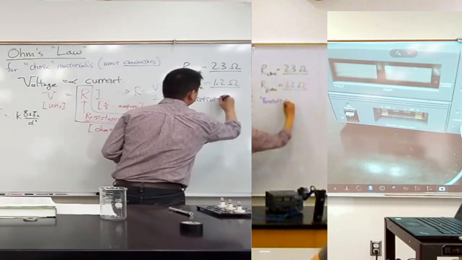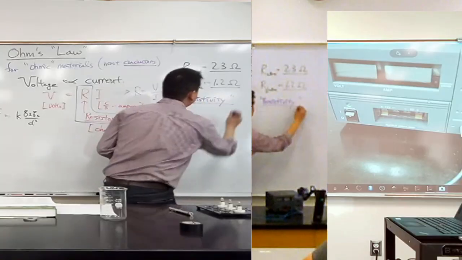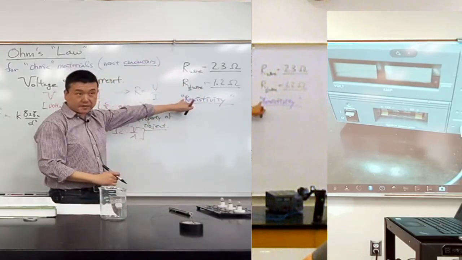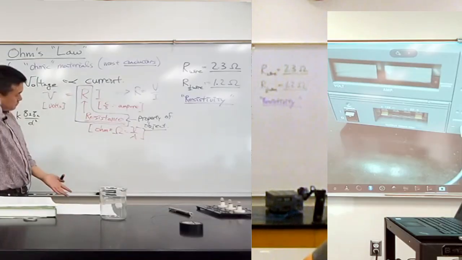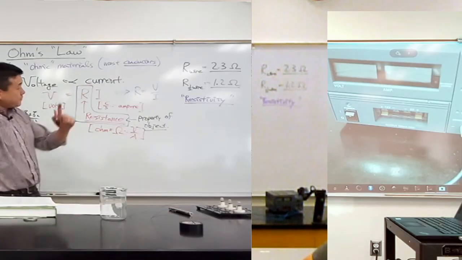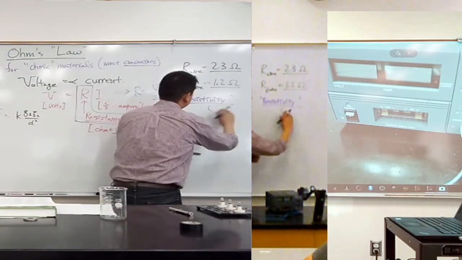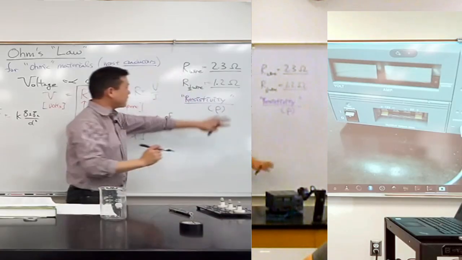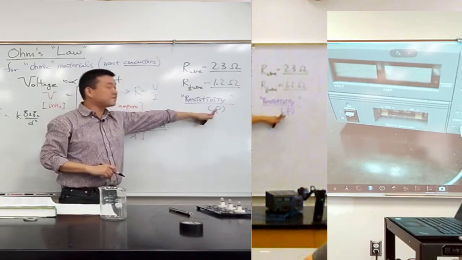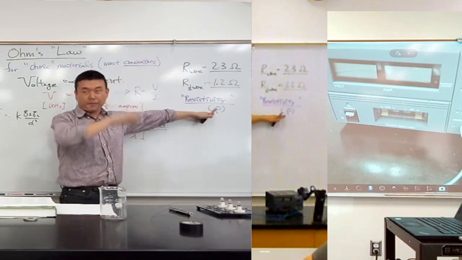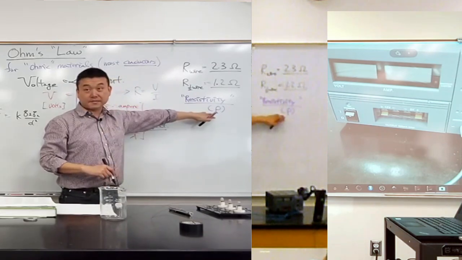What I want to get at right now is the relationship between resistivity and resistance. The symbol for resistivity is rho. Once again, don't confuse this with the charge density rho. It's just a symbol for resistivity.